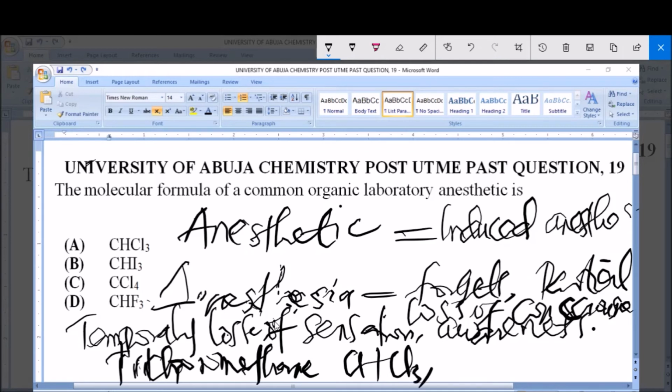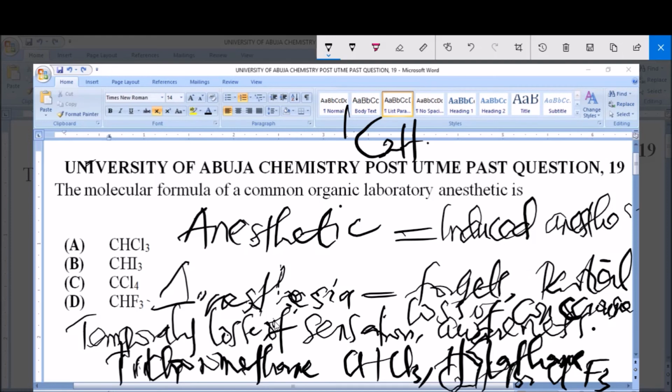Also, we have haloethane, and this haloethane is also an anesthetic with the formula C2HBrClF3. Now let me write it up.